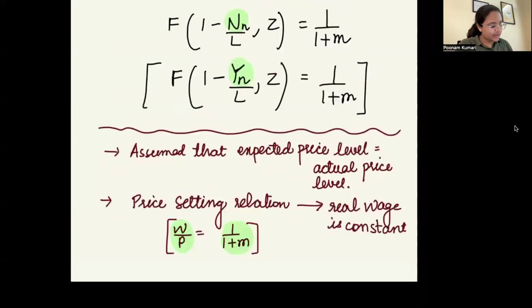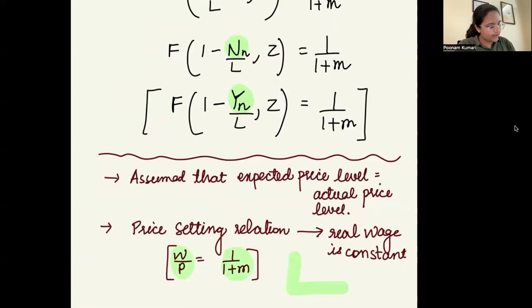That is why we were getting a straight line in the diagram. And it was not constant in the wage setting relationship, right? No, it was downward sloping like this. This was my wage setting relationship.